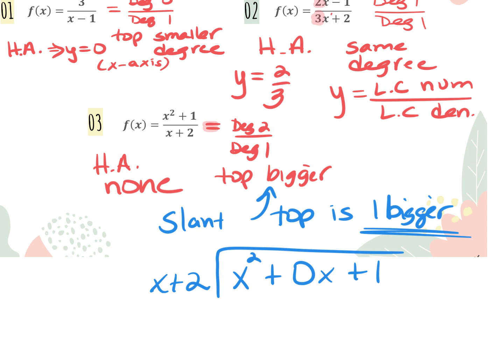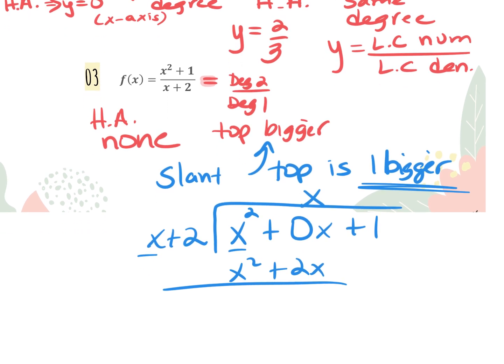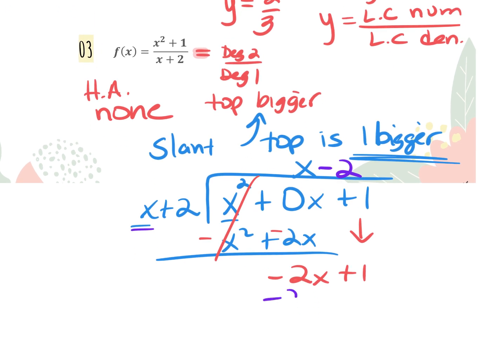So what are we going to multiply x by to make it x squared? We're going to multiply it by an x. I'm going to distribute the x to the x squared, switch the signs to opposite, and then add the column. This is gone. So negative 2x, bring down. What are we going to multiply x by to make it become negative 2x? I'm going to multiply it by a negative 2. So then distribute.